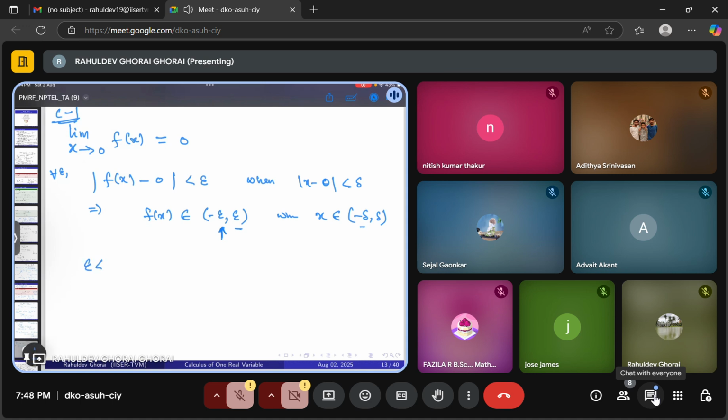Let's take epsilon in (0, 1). So even then this above thing should be true, right?